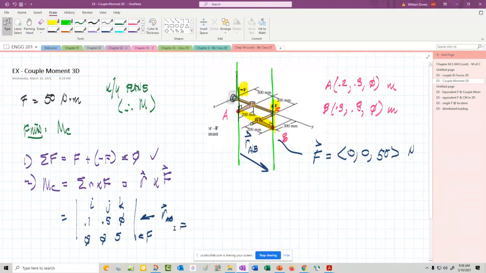All right, if I went through that mess, I'm going to get 25 in the I direction minus, I think, 5 in the J direction, newton meters.